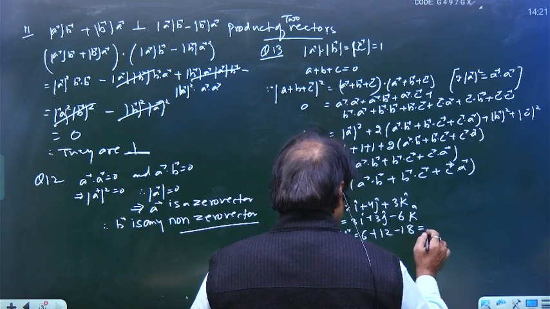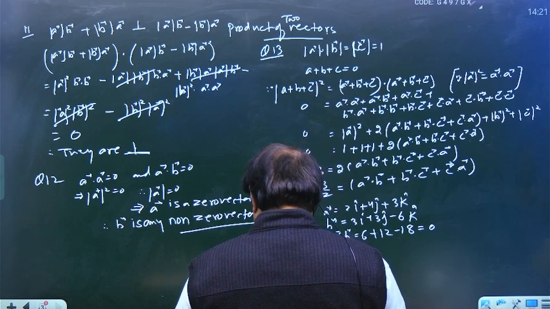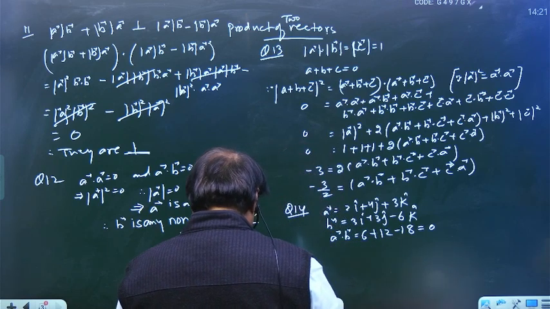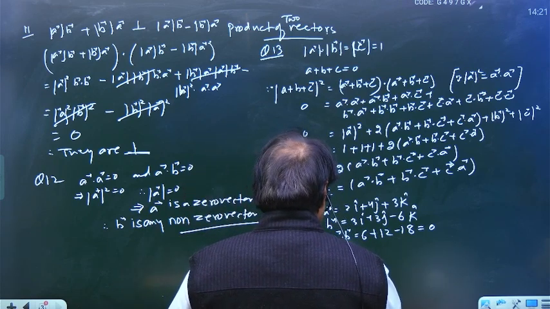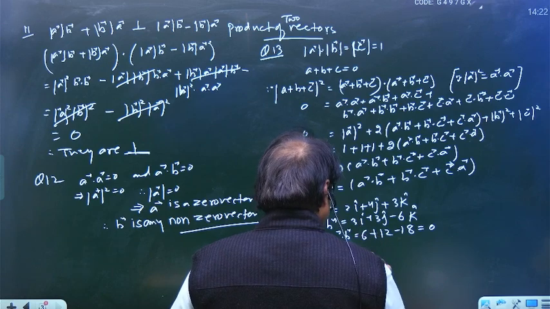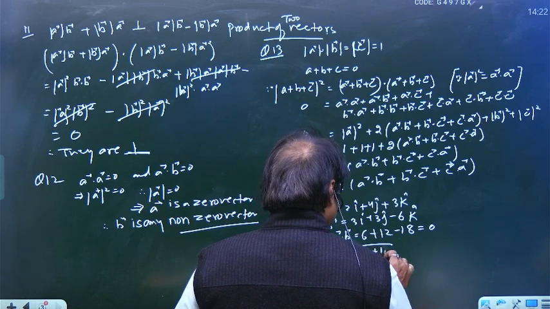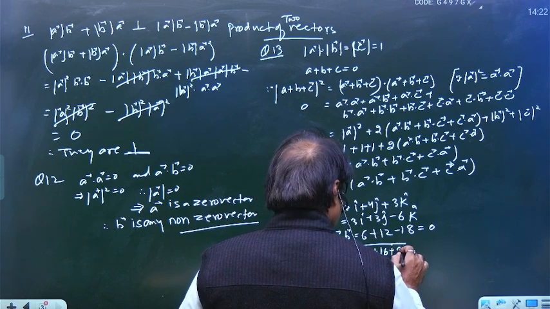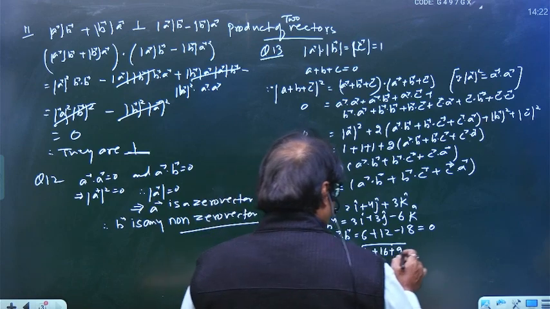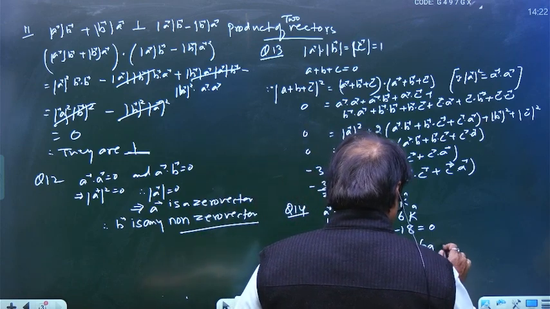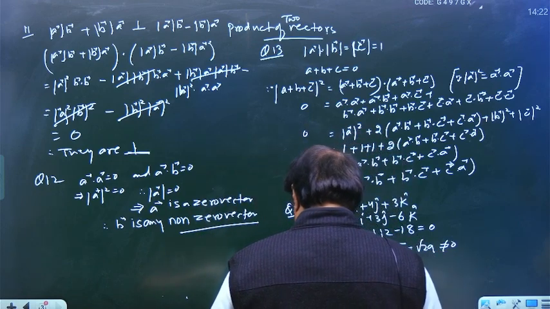So 18 minus 18, that is equal to 0. So A dot B is equal to 0. But the magnitude of A is equal to root over 4 plus 16 plus 9, which is root over 29, which is not equal to 0.